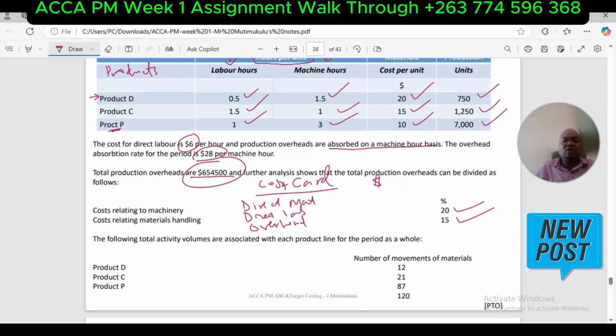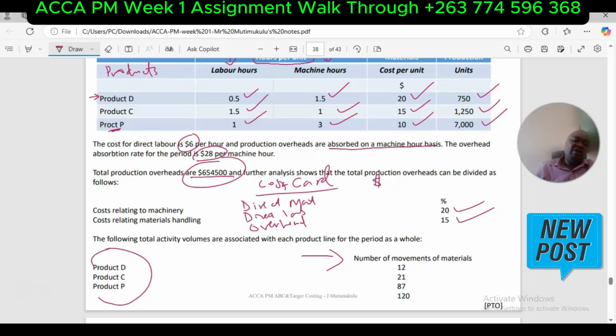The following total activity volumes are associated with each product line for the period as a whole. So all the information here for the products is given, where we get issues to do with material movements, or movement of materials.